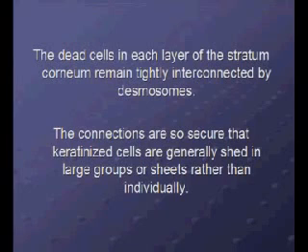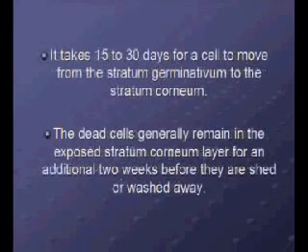A good example of that is when you go out and suntan, and then days later you begin to peel. You don't peel off one individual cell. Well, actually, I guess you can possibly shed off one individual cell, but typically it sheds off in sheets of dead cells because the connections are very resilient and will remain interconnected.